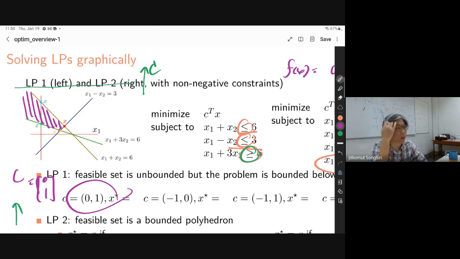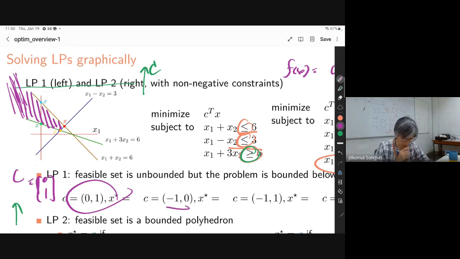Understand? Unbounded set means that there are members in the set that have infinite size, infinite magnitude. Your constraint set is unbounded, but when C is in that direction, your optimal solution is attained and given by the yellow point. Your P star is finite.